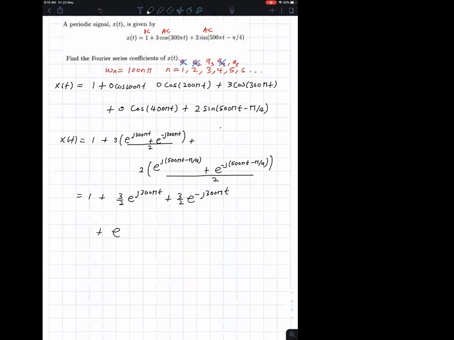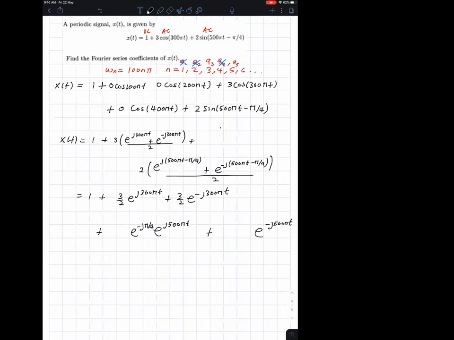Therefore, e to the j 500 pi t. I'm just writing the frequency part, and then the phase part is e to the minus j pi over 4.